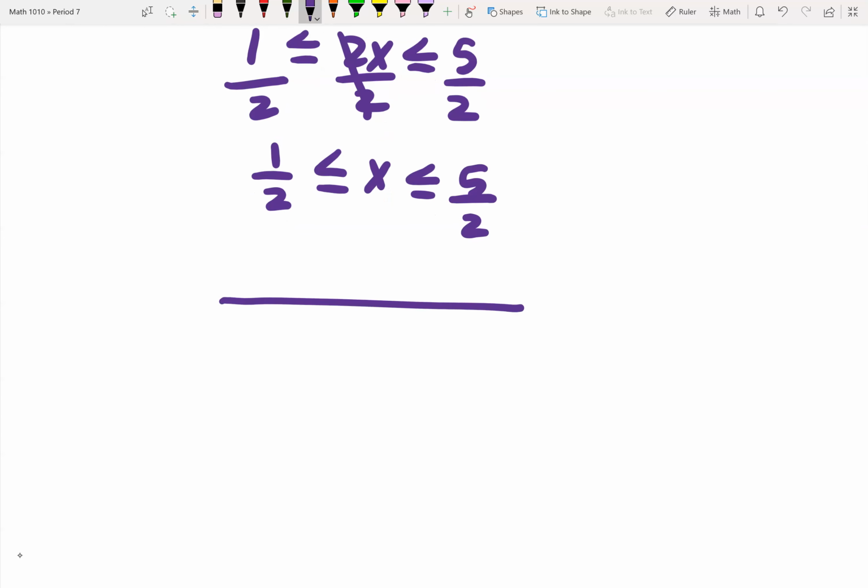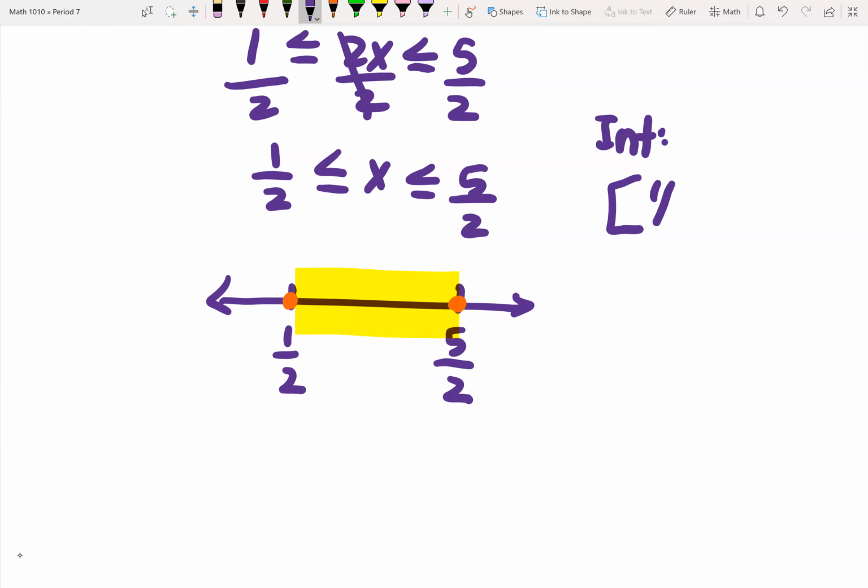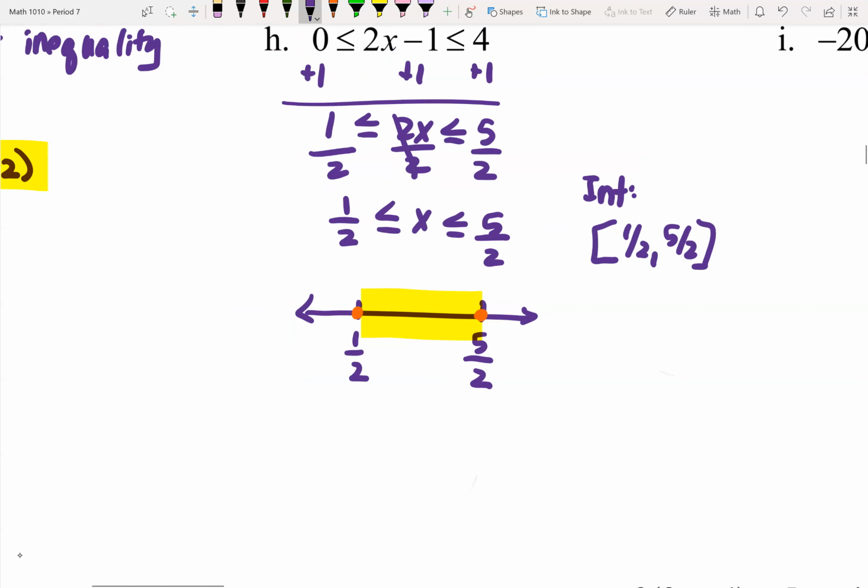Nope, so just leave it alone. Draw your number line. The 1/2 is on the left. The 5/2 is on the right. Open or closed, everybody? Closed. And tell me where to shade. Inside. Okay? Interval form is what they want. And I'm going to go 1/2 with a bracket to 5/2 with a bracket. And I'm done.